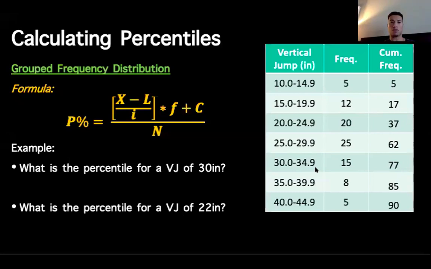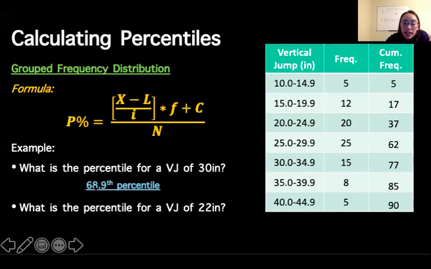Gotcha. Since we're always grouping them. Mm-hmm. So the only time we would use 77 as a cumulative frequency is if we were evaluating an X that was in this group. Right. Okay.